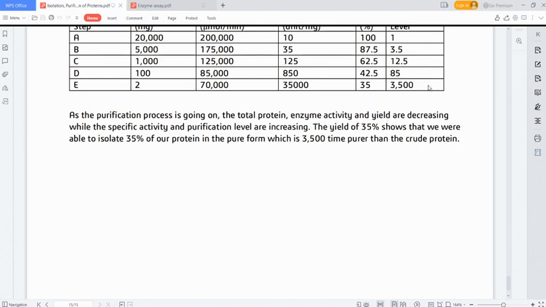And the 3,500 here shows that the protein you isolated is 3,500 times purer than the crude.